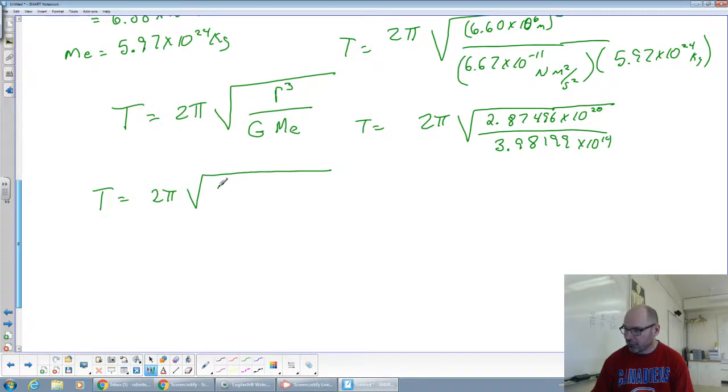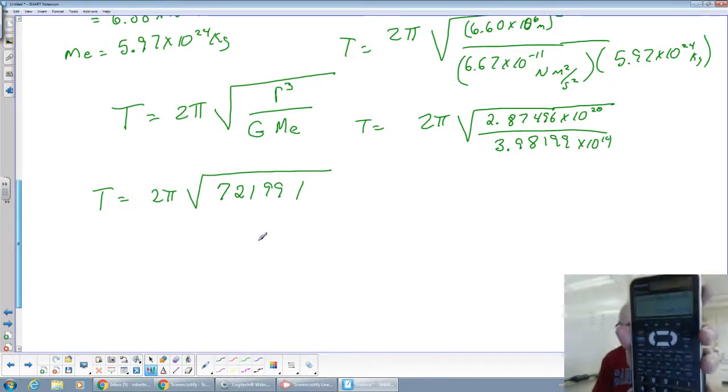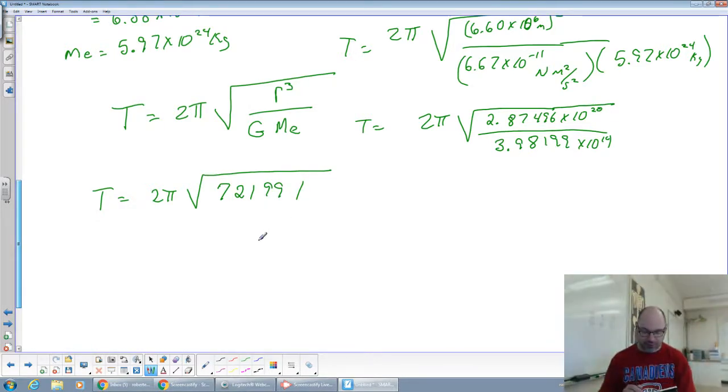Okay, so I got 72191, rounding off a little bit there. Okay, now we square root that.